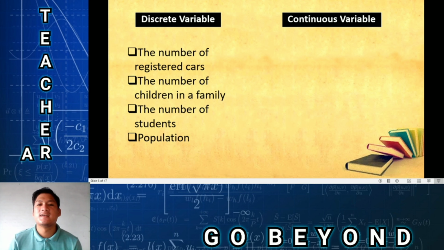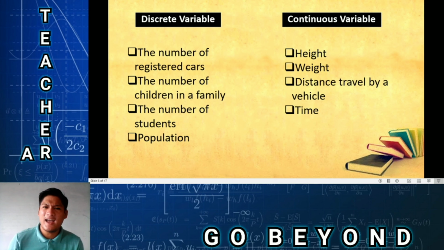On the other hand, examples of continuous variables. We have the height, the weight, distance traveled by a vehicle, time. So meaning to say, it does not only include the whole number, the exact number. It also includes the values between the two whole numbers.